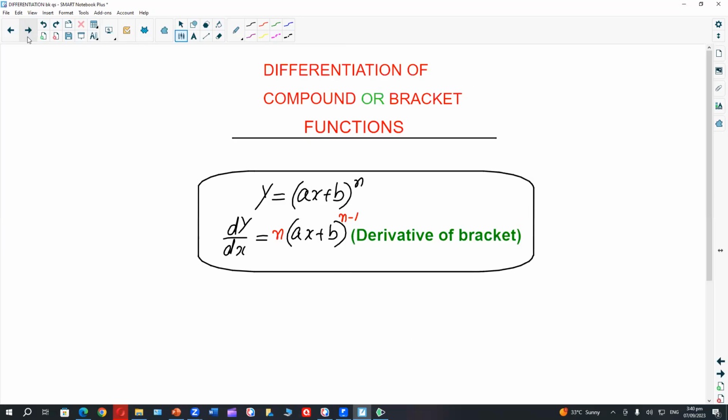Now, again in the notes section, differentiation of compound or bracket functions. We are starting this feature now. You have to copy this screen.